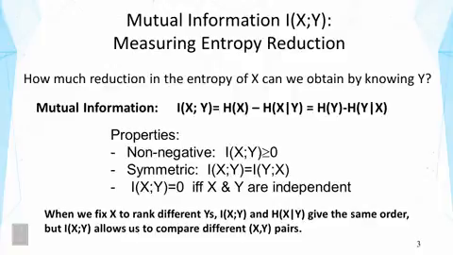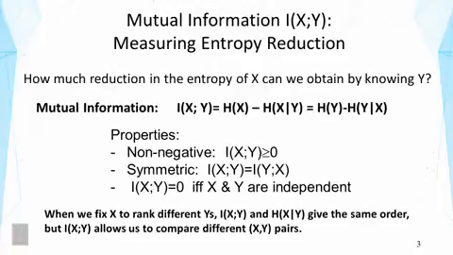First, it's non-negative. This is easy to understand because the original entropy is always not going to be lower than the possibly reduced conditional entropy. In other words, the conditional entropy would never exceed the original entropy. Knowing some information can always help us potentially, but won't hurt us in predicting x.